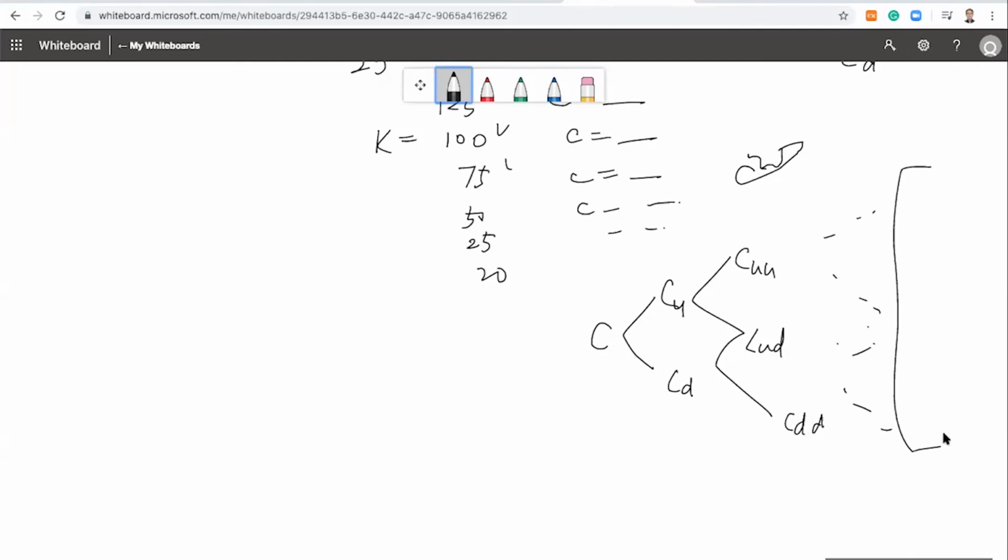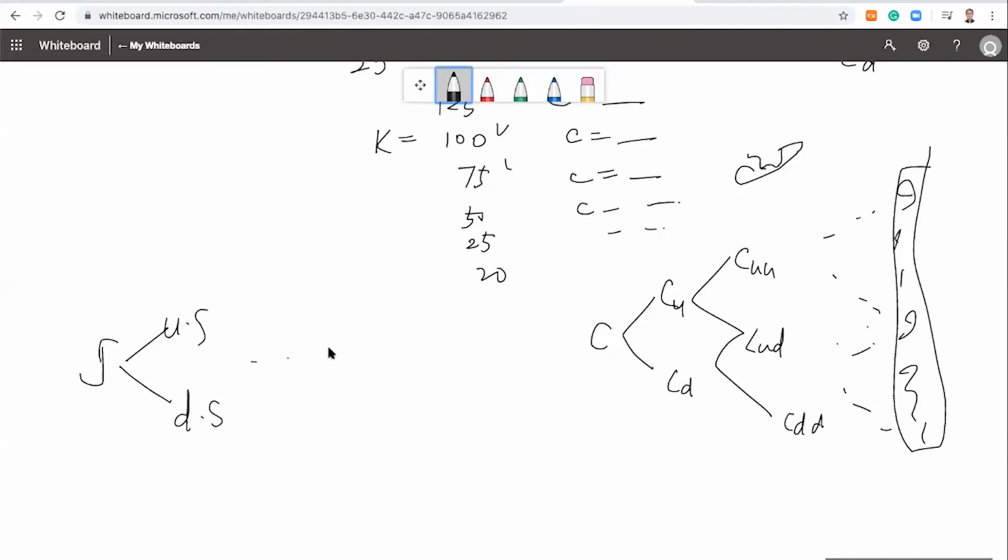And in the final node, we have all different values. And this will be true for the S. So we first start with U times S and D times S. But as we move on, it has, say, 175 and 150, 125, and all of that.